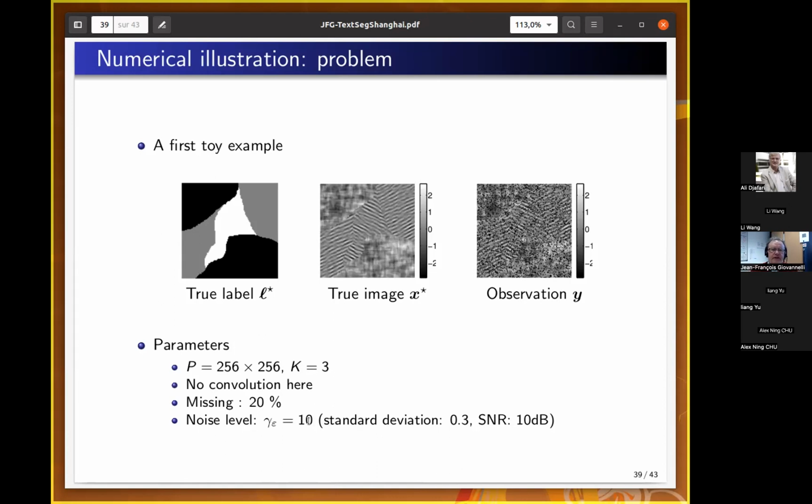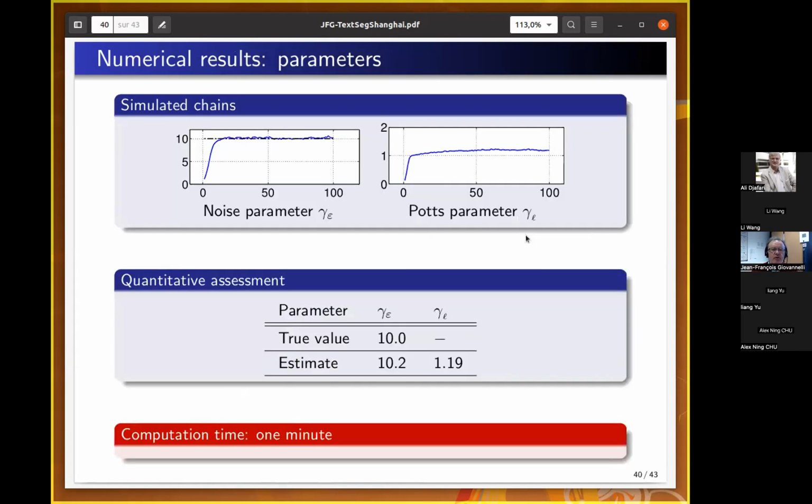Okay, and then based on that, we run the Gibbs sampler, and I show here 2 of the parameters, the noise parameter and the Potts parameter. And we have, of course, a true value for the noise parameter, and we estimate something that is rather near the true value, and we have an estimate of the Potts parameter, but we do not have a true value of the Potts parameter because we do not compute a realization of the Potts field.